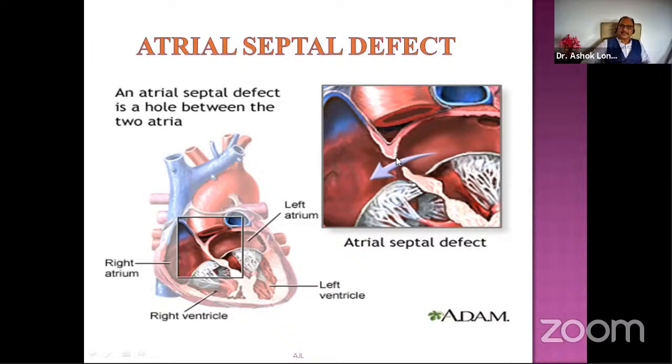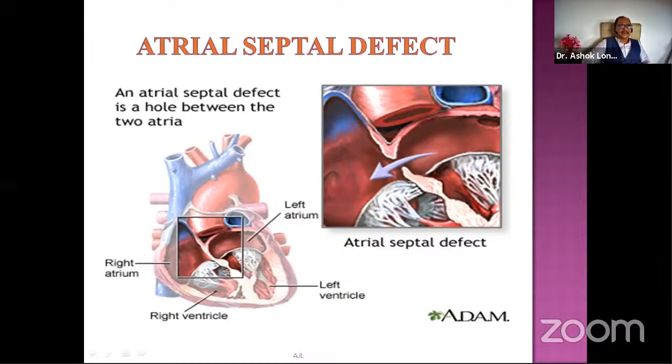The defect remains after birth, because in embryological life we need to have the right atrium and the left atrium open. There is no use of the left ventricle sending blood to the lungs, because the lungs do not work at that time.